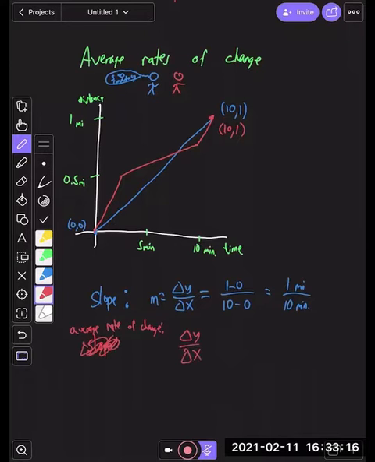So notice here that my end points are the same. I'm going to have the exact same change in y, 1 minus 0, and the exact same change in x, 10 minus 0. So I'm going to once again have 1 mile over 10 minutes. Both ways, the average rate of change is actually identical.